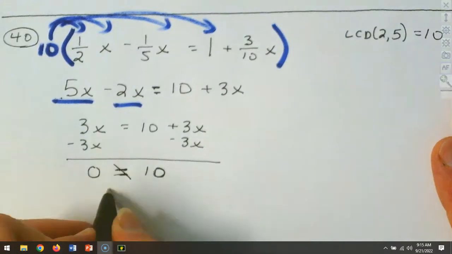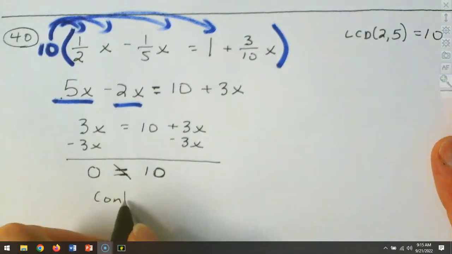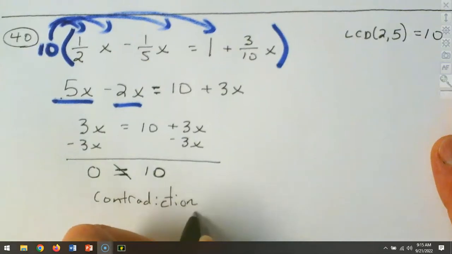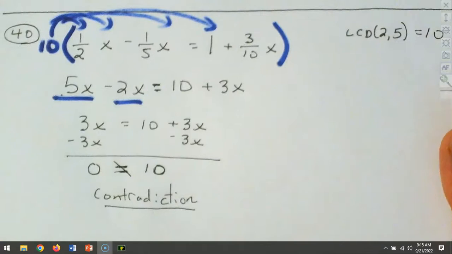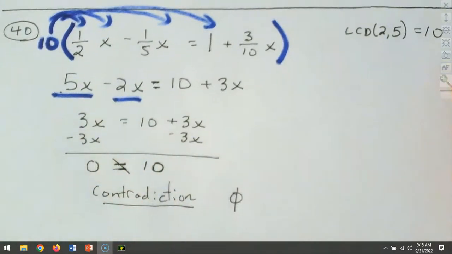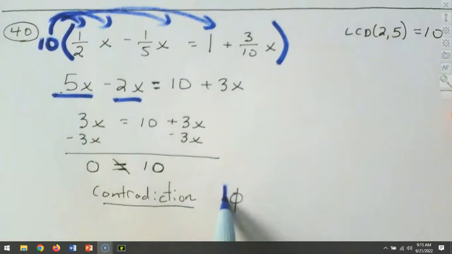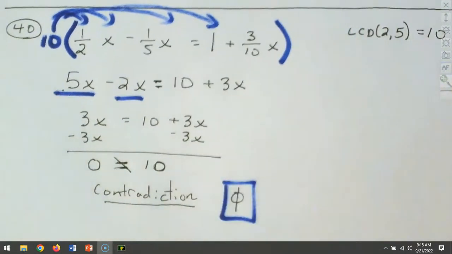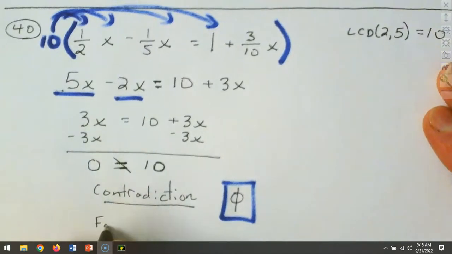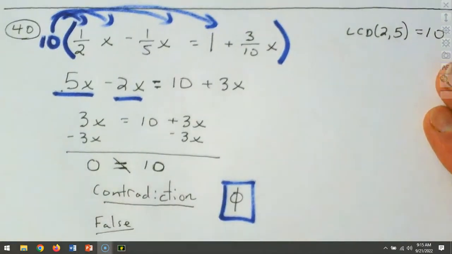This is called a contradiction. Because 0 cannot equal 10. It's a contradiction. And for contradictions, you have no solution. And the way I remember it is I think of it as a false statement. 0 cannot equal 10. That's a false statement.